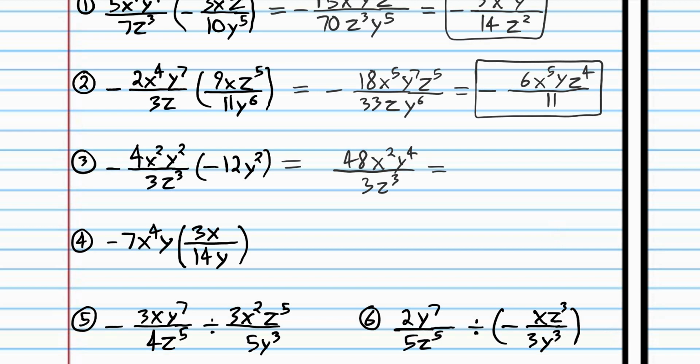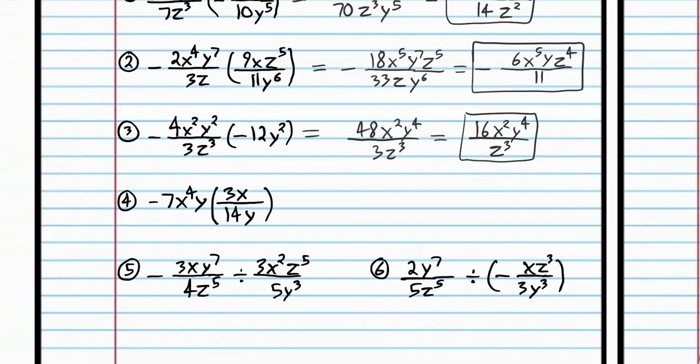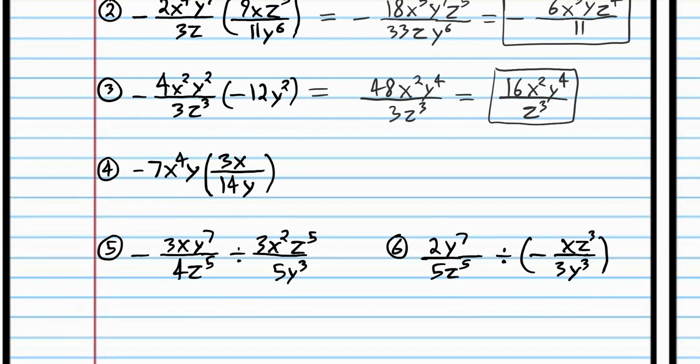You can also think of it as dividing both sides by 3. 3 divided by 3 is 1. 48 divided by 3 is 16. And so there we go. So now you try number 4. When you come back, we'll do it together.